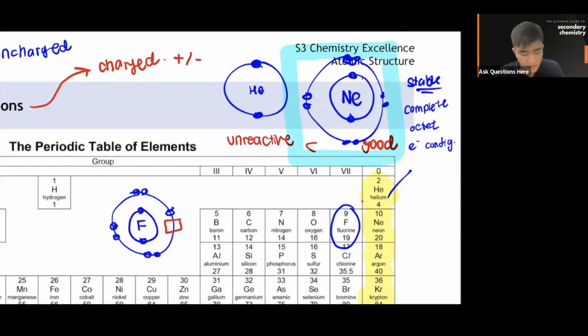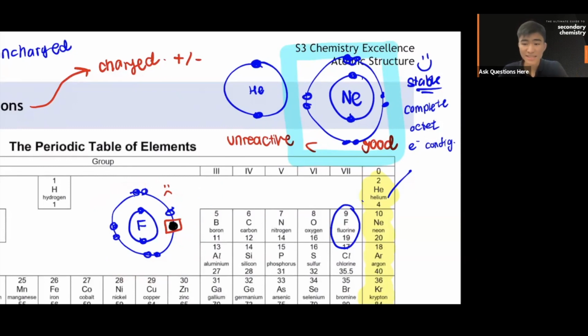So what can fluorine do? Because this one over here is not stable. But this one over here, on the other hand, is very stable, right? So what can this fluorine do? Very simple. I go somewhere else, I find 1 electron. I'm going to bring the electron to fill up the car park lot. Then this will give me extra stability.